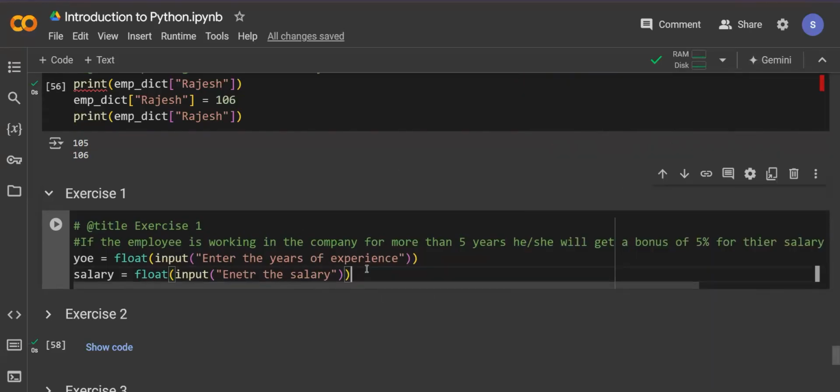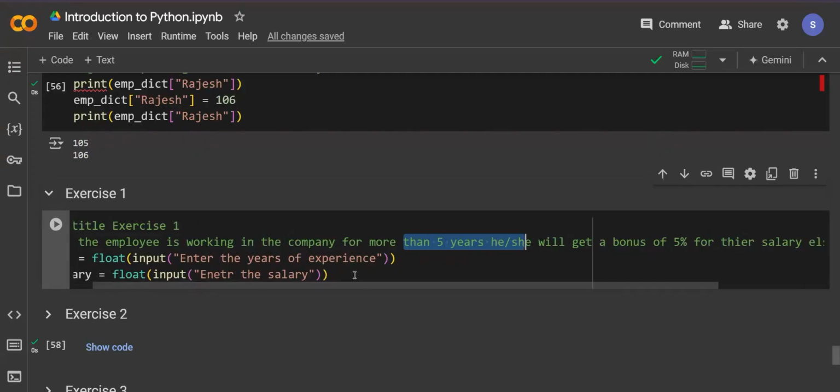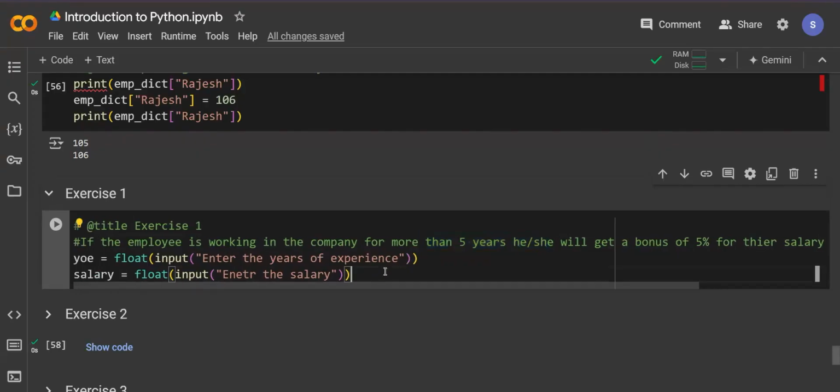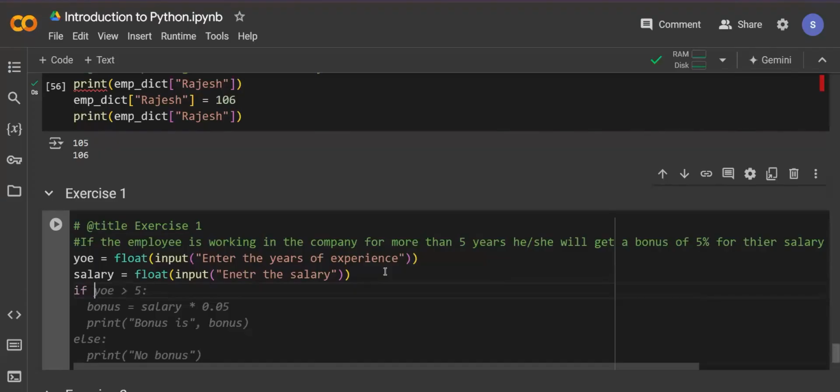Okay, let's move to the logic now. Now, what is the logic? The logic is, if he or she is working more than 5 years, then we are giving the bonus, right? So the first condition should be very simple. That is, if this YOE is greater than 5, only then we are multiplying the bonus, correct?